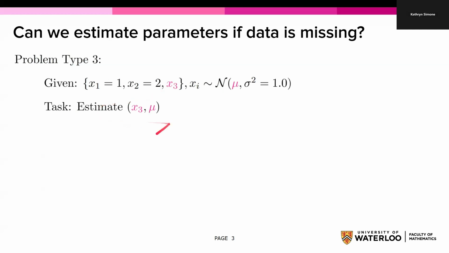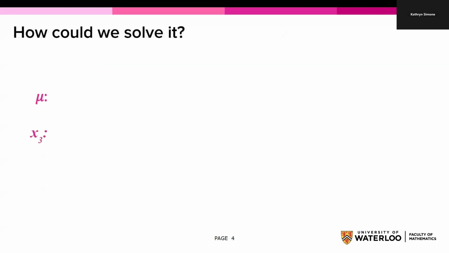So we're going to be encountering a more challenging problem today, where our task of estimating the parameters of the distribution is obstructed by the fact that we don't actually have all of the information we need in order to perform that task like we could with maximum likelihood estimation. So how do we solve a problem like that, where we're missing a sample and the parameter at the same time?